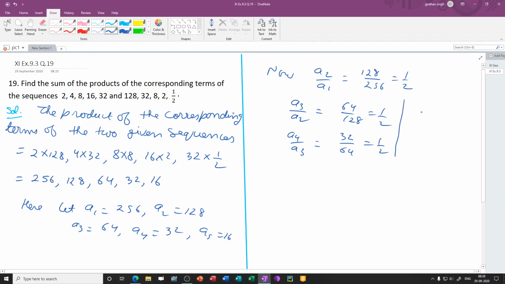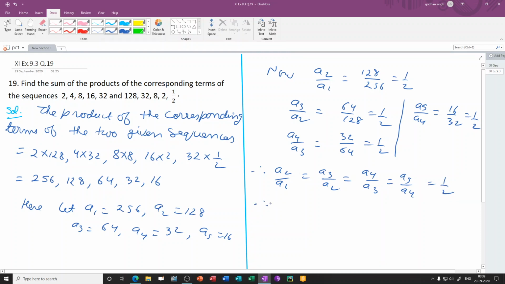And in the same way, A5 by A4 is 16 by 32, and that is also 1 by 2. Therefore, A2 by A1 equals A3 by A2 equals A4 by A3 equals A5 by A4, equal to 1 by 2.